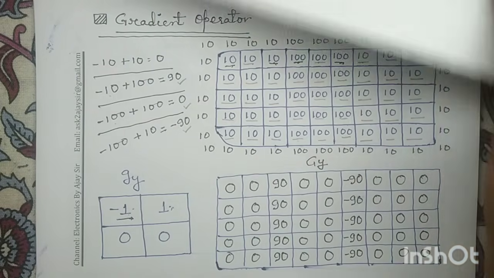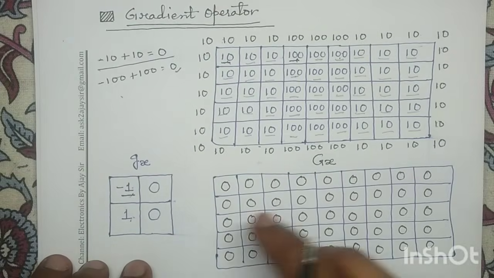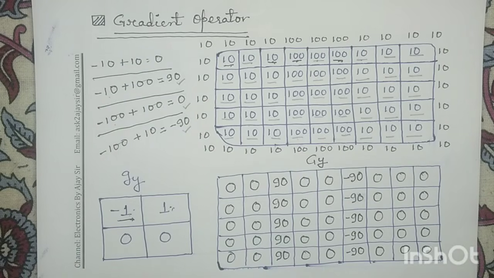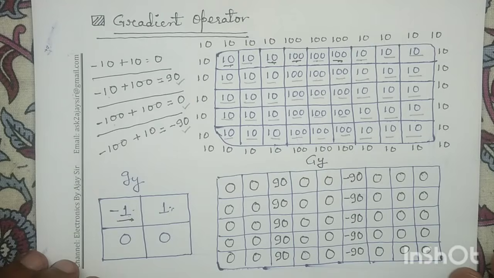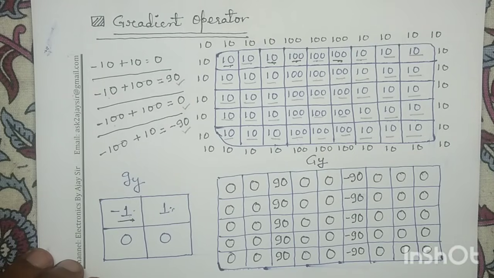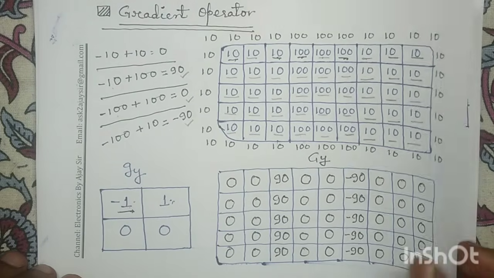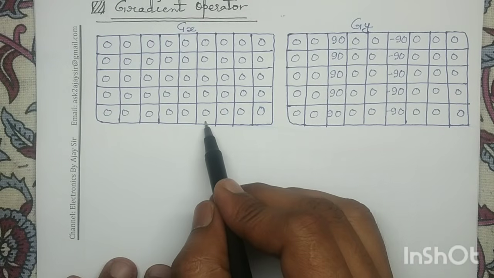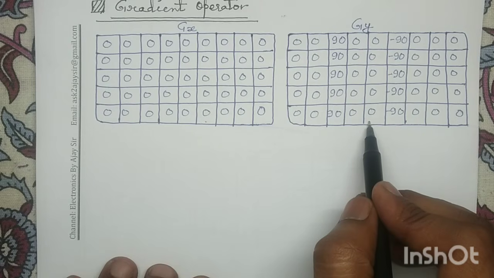After determining the response due to the Gx operator and the response due to the Gy operator, our next step is to determine the magnitude of this gradient operator. So this is the response due to the Gx operator, and this is the response which we have obtained by applying the Gy operator.